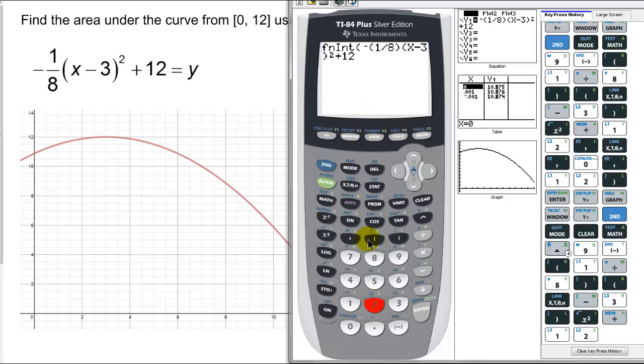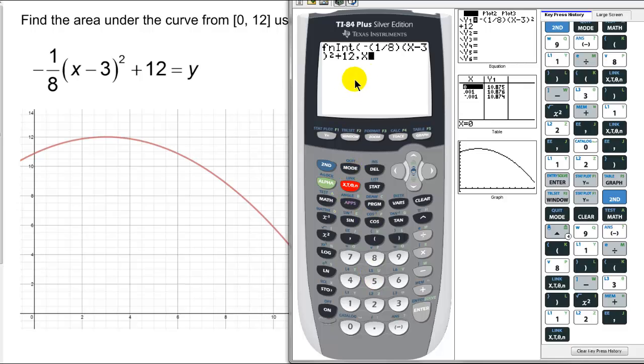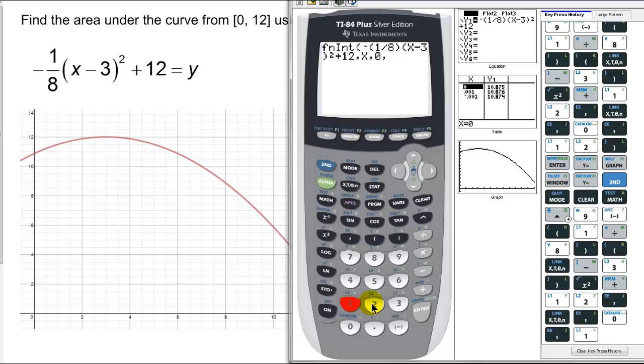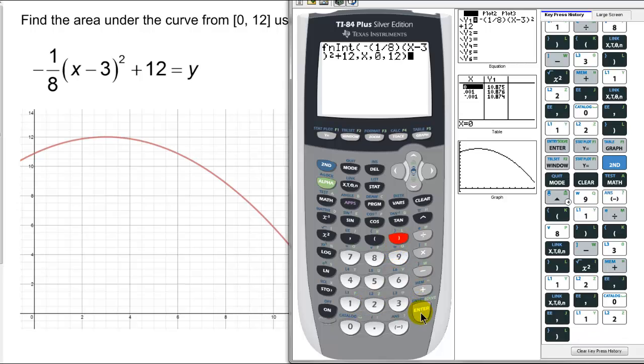And then comma x, that's the variable we're using, comma 0, the beginning number in our interval, comma 12, the ending number in our interval, close the parentheses, hit enter.